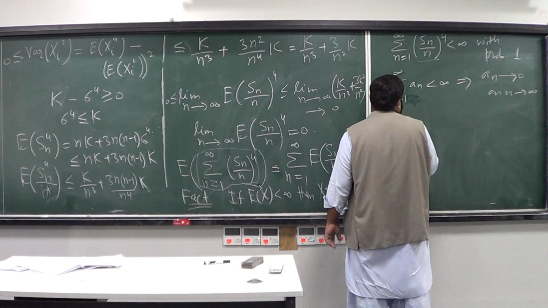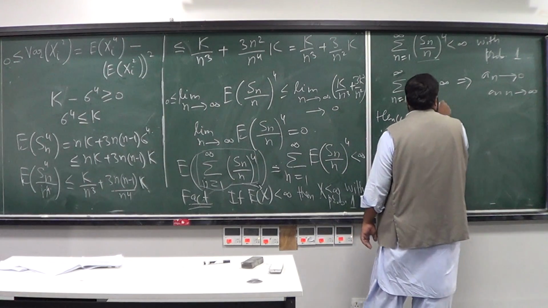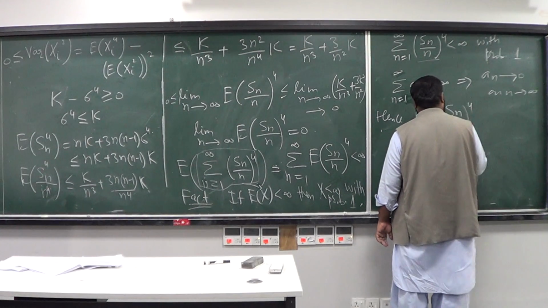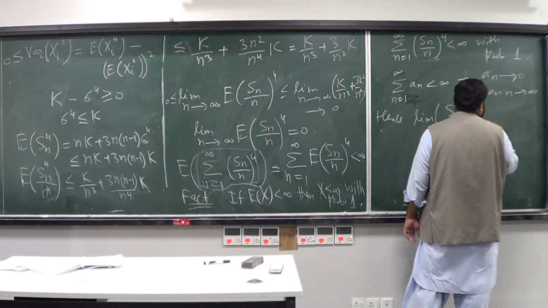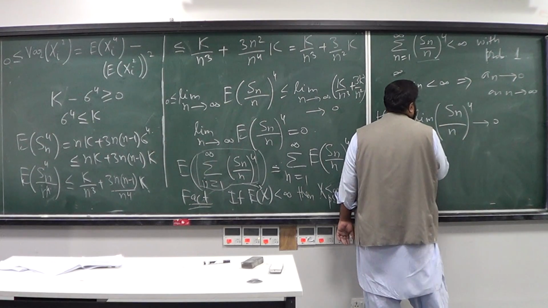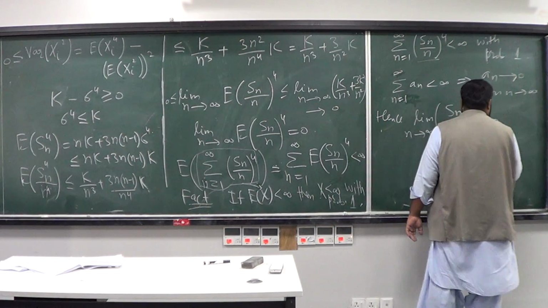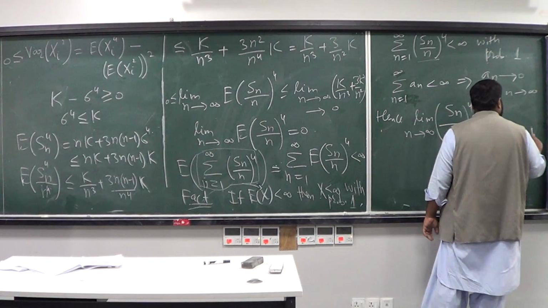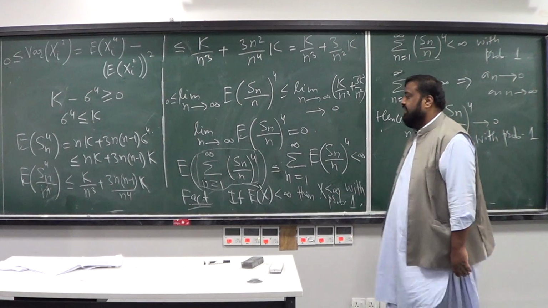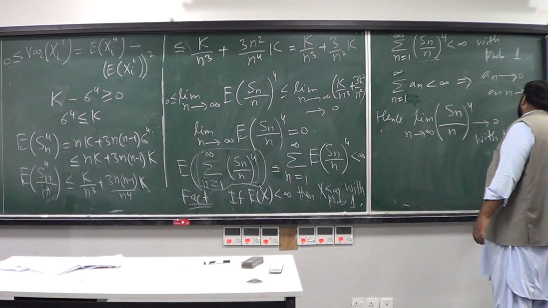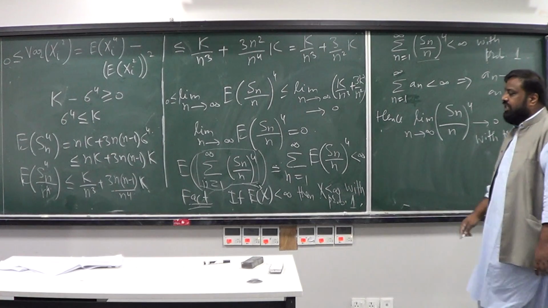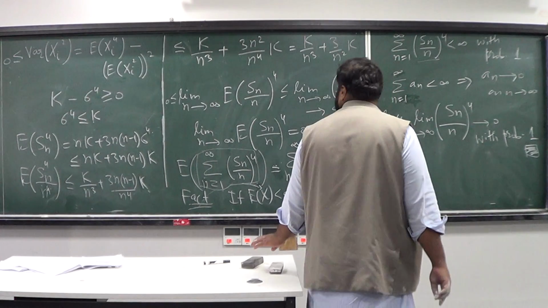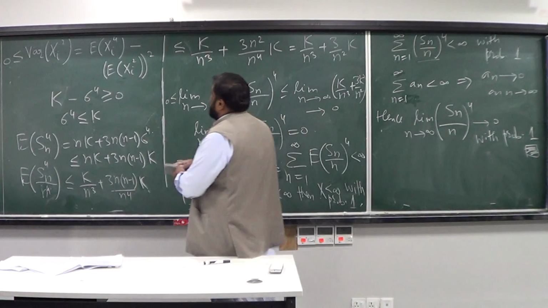Hence, I can say that the limit of this term, Sn power 4 over n power 4, goes to 0 as n gets bigger and bigger, with probability 1. And this completes the proof of the lemma that you need to prove the strong law of large numbers. So this is what was intended.